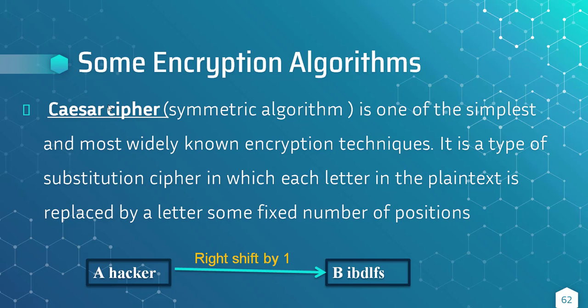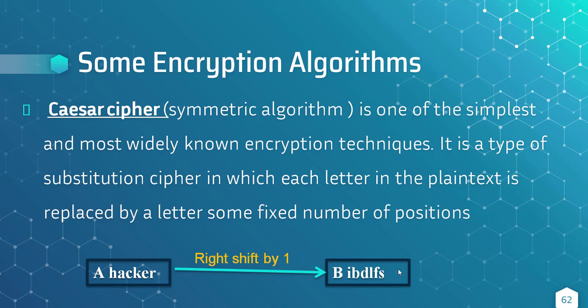Let's move on to some encryption algorithms. First, we have the Caesar cipher. It is a symmetric algorithm and one of the simplest and most widely known encryption techniques. It's a type of substitution cipher in which each letter in the plain text is replaced by a letter some fixed number of positions away. As an example, we have hacker as a plain text.